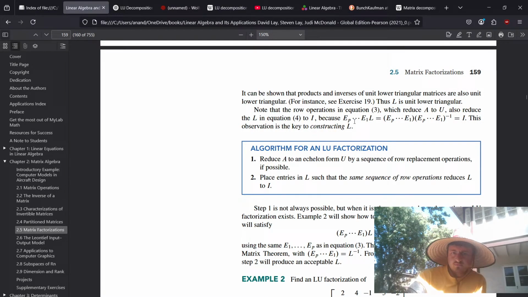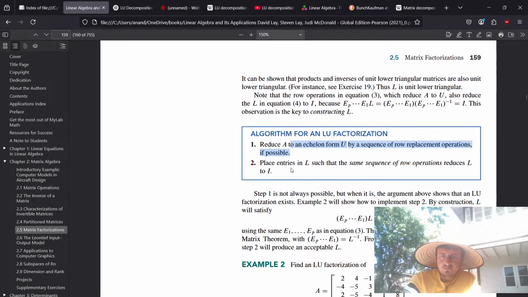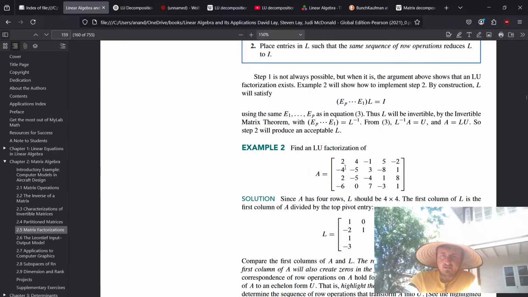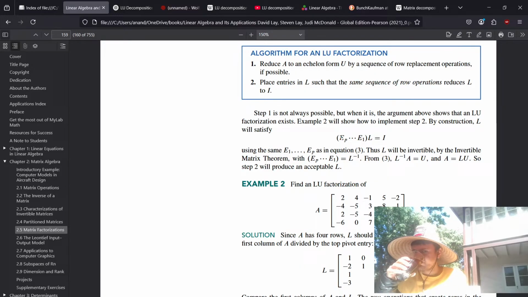Okay. So the algorithm: reduce A to U, place the entries in the same sequence of row operations.